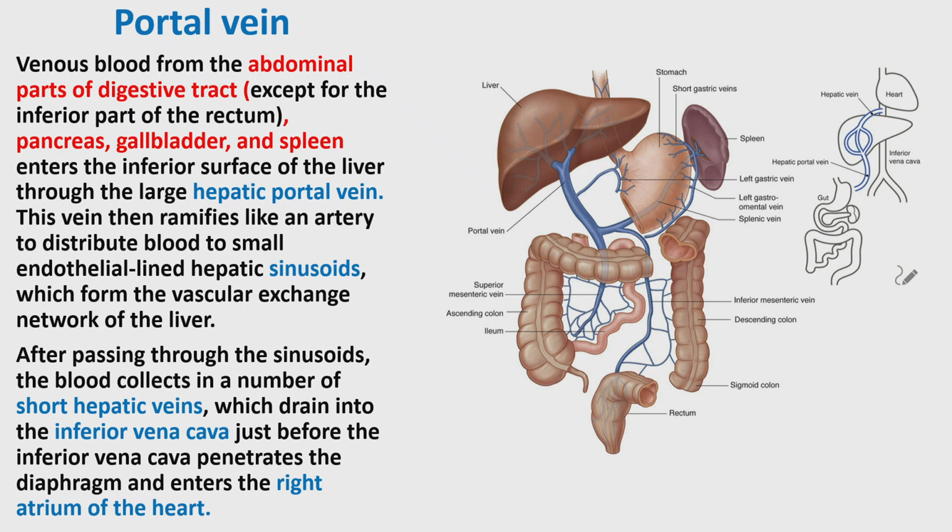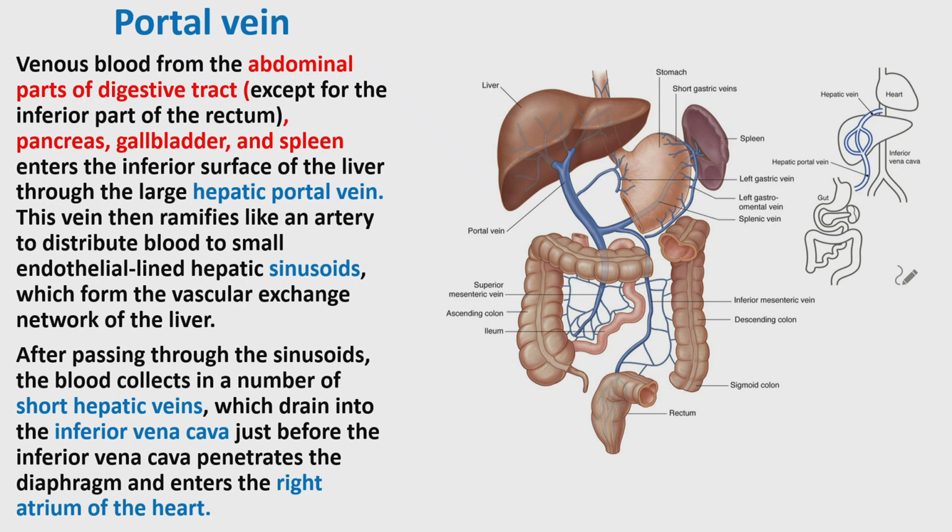You take aspirin; aspirin in the stomach is absorbed and carried to the liver. So it's very important. The portal vein, you have definitely seen and discussed in the chapter of the liver.